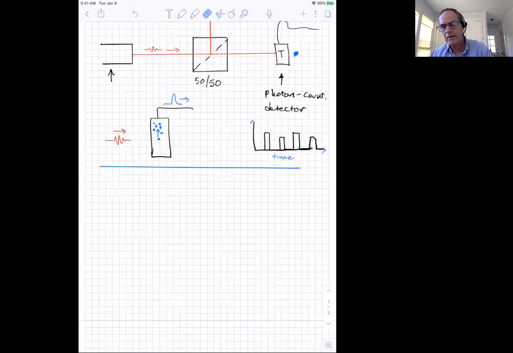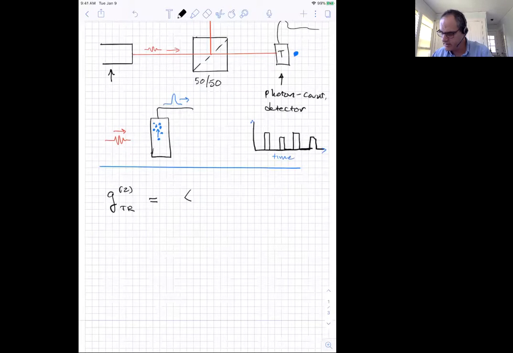Okay. To describe the difference between the classical case and the quantum case, we're going to look at something called, it's a mouthful, the second order coherence between the electric fields for the reflected and transmitted waves. So we're going to write this as G2 TR, okay? And we're going to define this as the following.